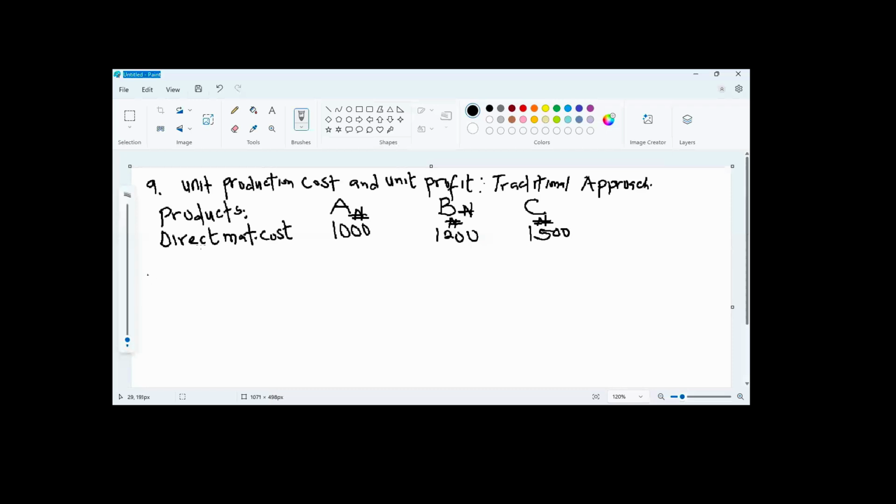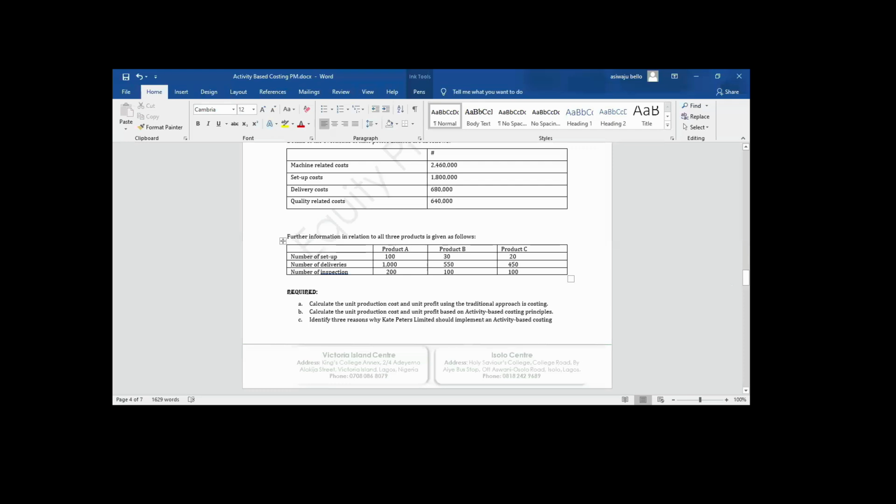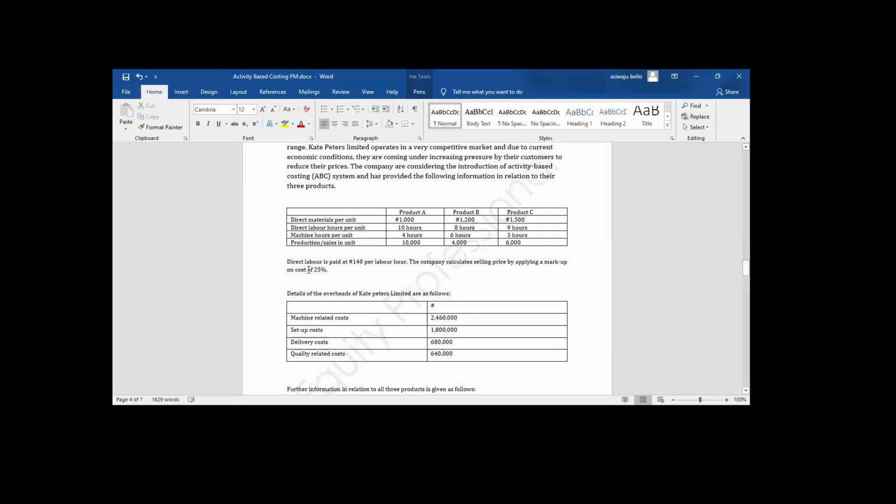Next, we move to direct labor. What is direct labor cost per unit? 140. That is wrong. Is it 140 per unit? Examiner says direct labor is paid at 140 per labor hour.